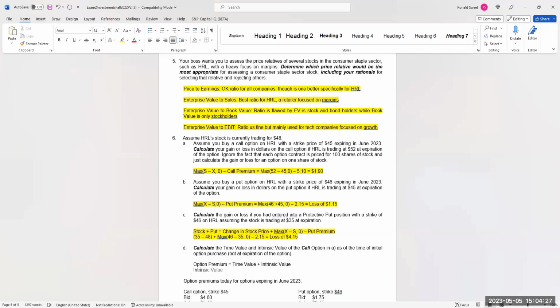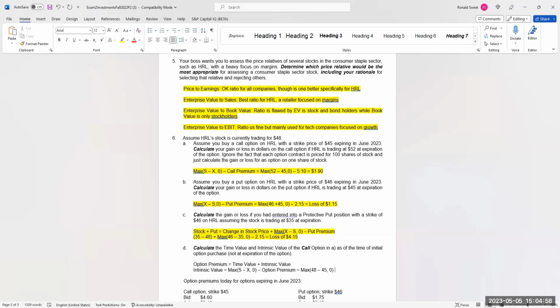So intrinsic value just equals the max. Here we're talking about a call, so stock minus the strike, and 0, minus the option premium. So that's going to equal the max. The stock, this is at time of purchase. The stock was $48. The strike is 45 and 0. So we're $3 in the money.